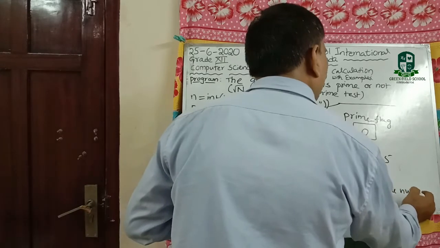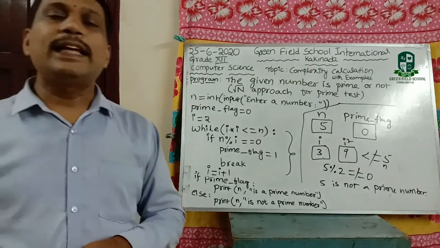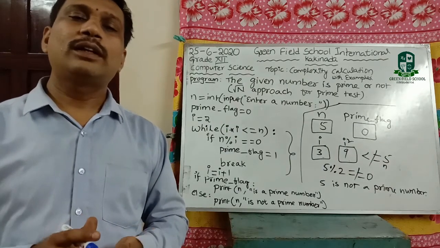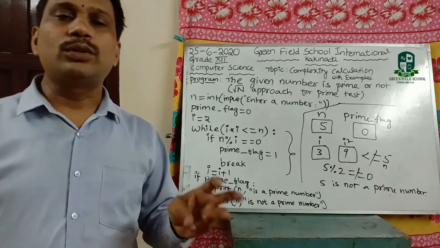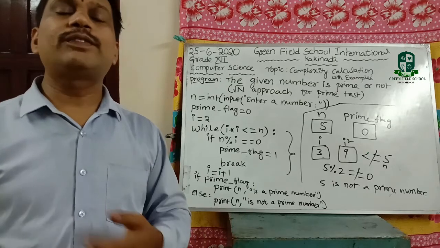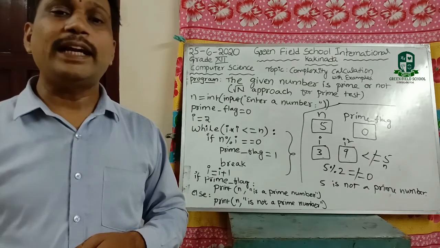So how do we decide this? We do not check every number, 2, 3, 4, up to 5. Last class we checked 2 first, after that 3, after that 4. In that way we check n minus 1 times, nearly n times.